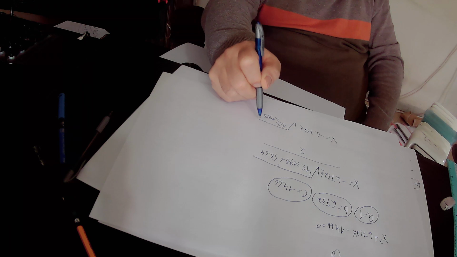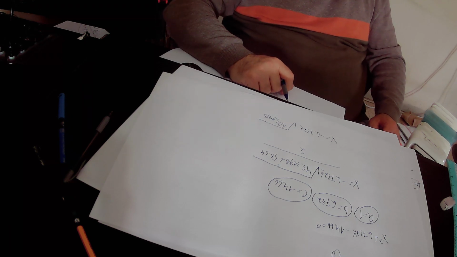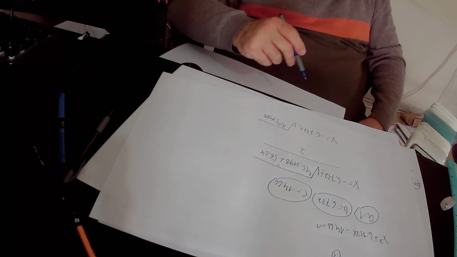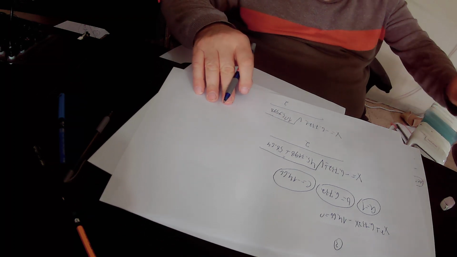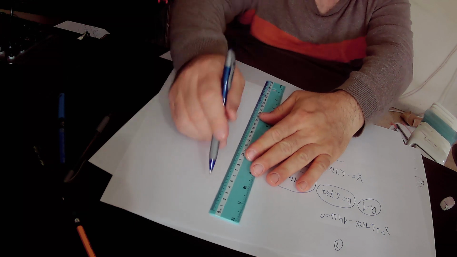So inside the root we are left only with 103.9598, divided by 2.